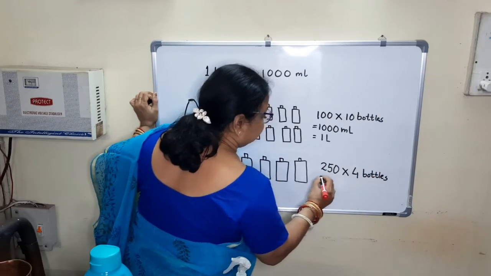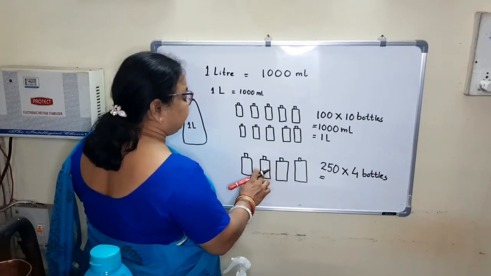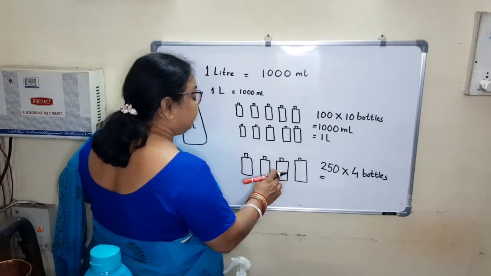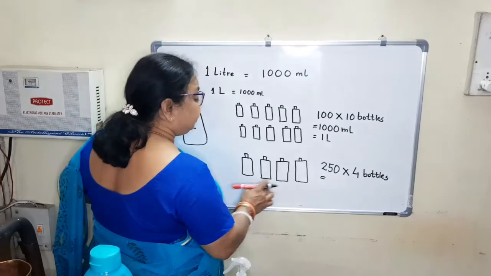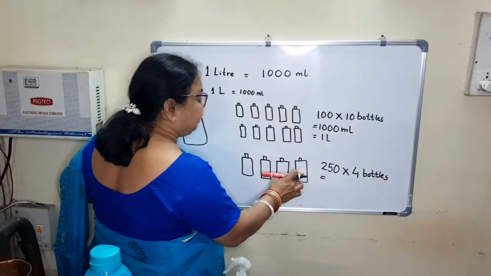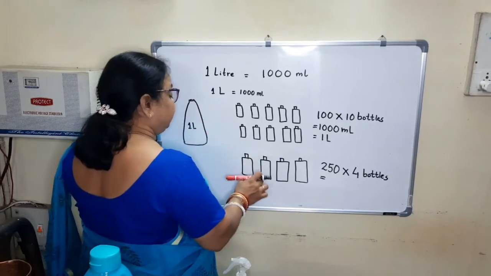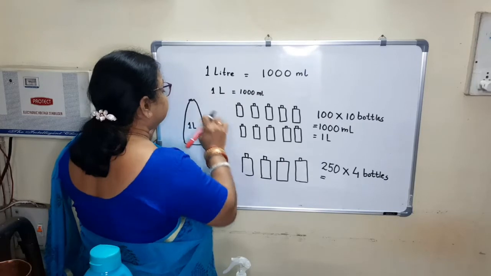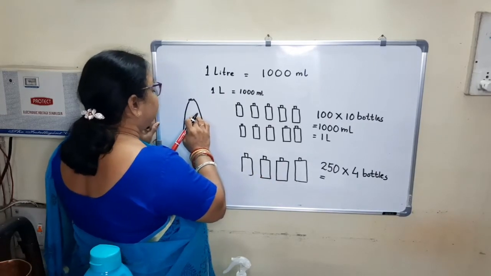So 250 plus 250 is 500 milliliter, then again 250, then 750 milliliter, then 250 milliliter, that is 1000. When it is filled, what happened?